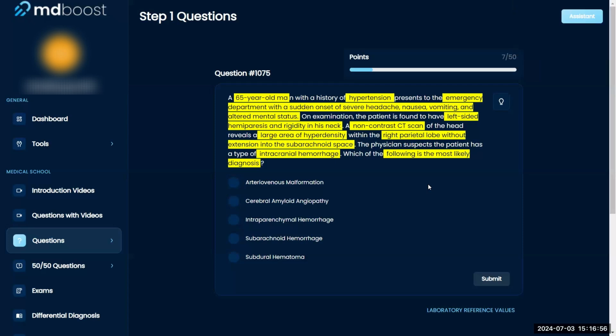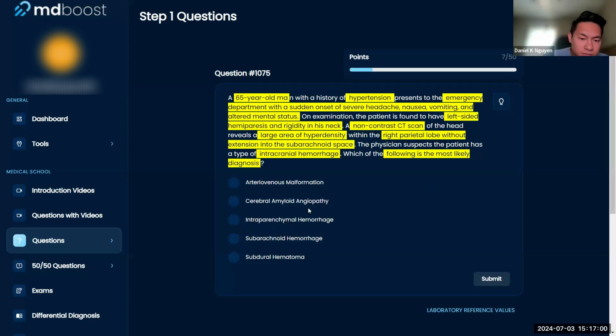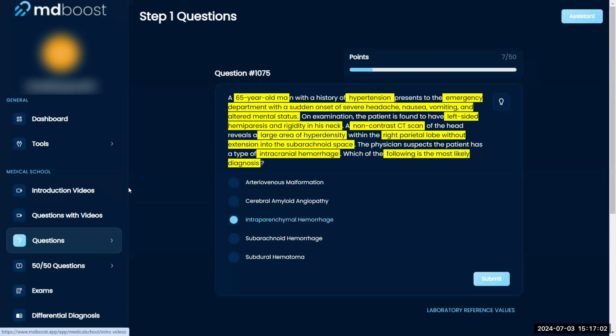Intraparenchymal could be it. I'm going to go with that, although I'm not quite sure.